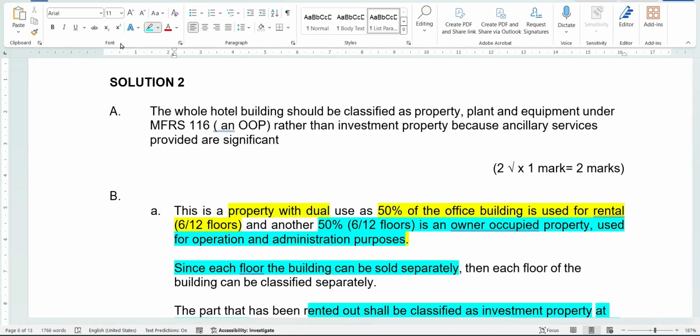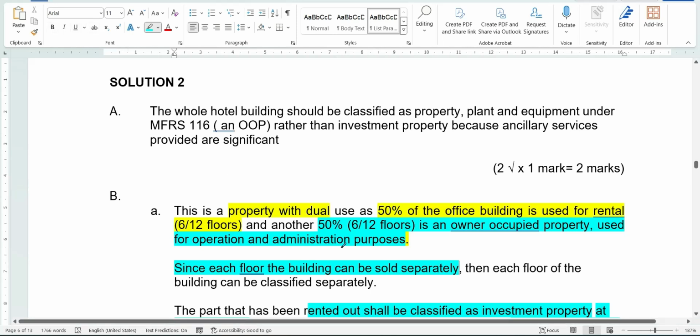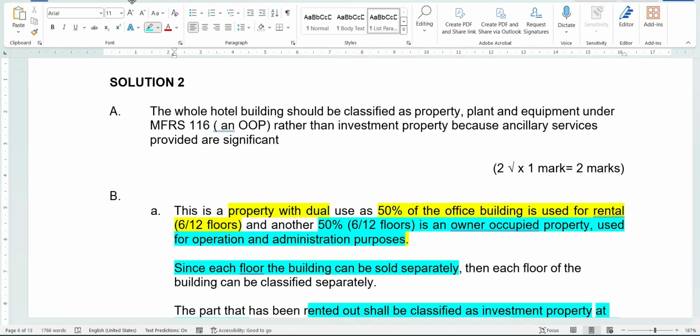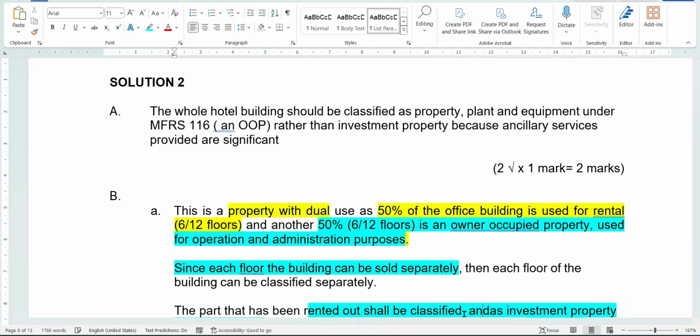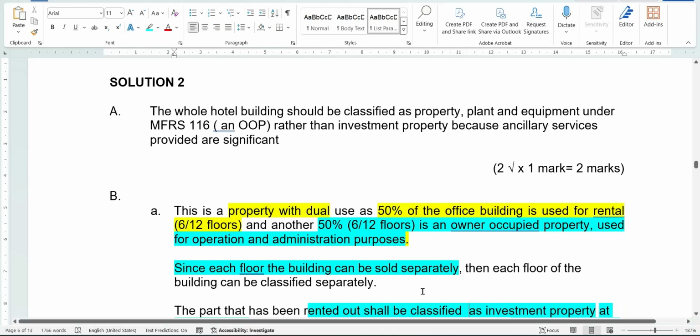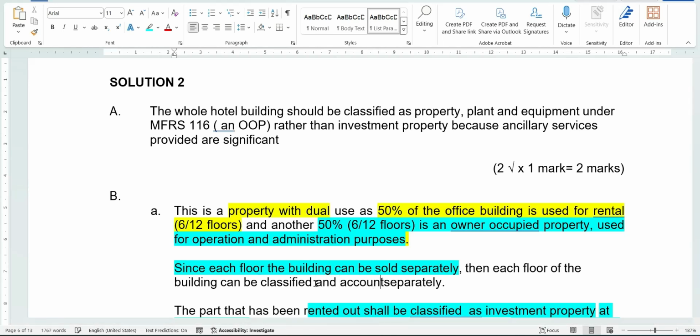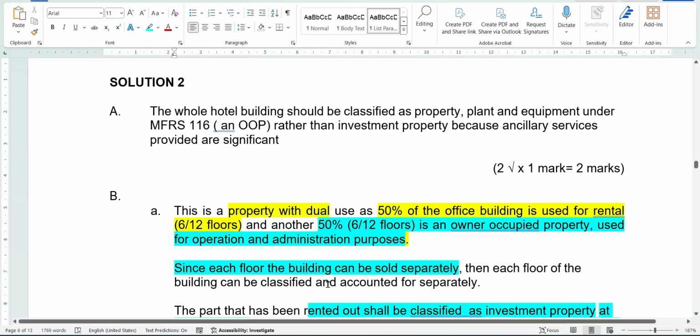In other words, you can just add here: shall be classified and accounted for separately. Then go and explain what you mean by that.